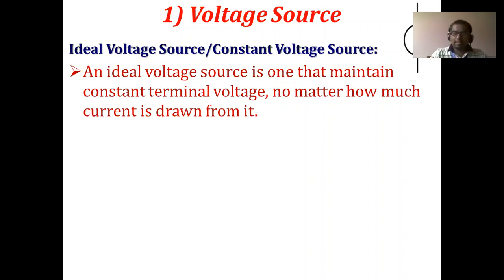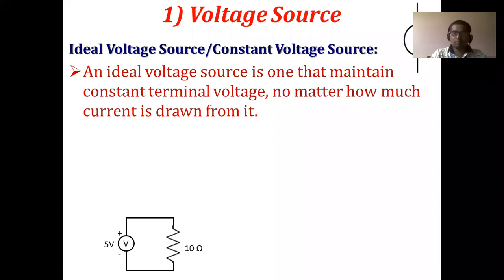I have given 2 or 3 examples to understand this concept. If you see this simple circuit, here we use an ideal voltage source of 5 volt connected to a 10 ohm resistance. We know that the ideal voltage source will maintain the constant voltage. It means that the voltage across the 10 ohm resistance is 5 volt.